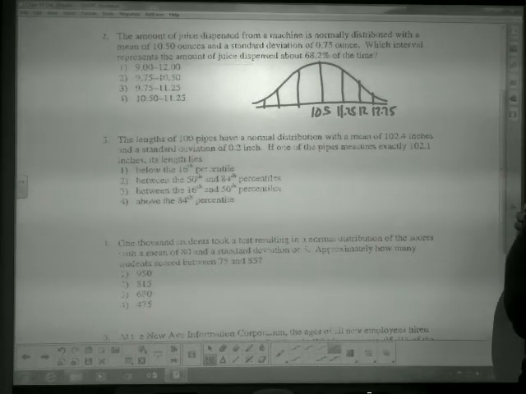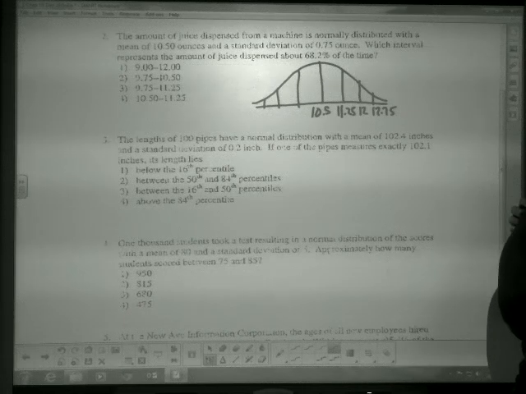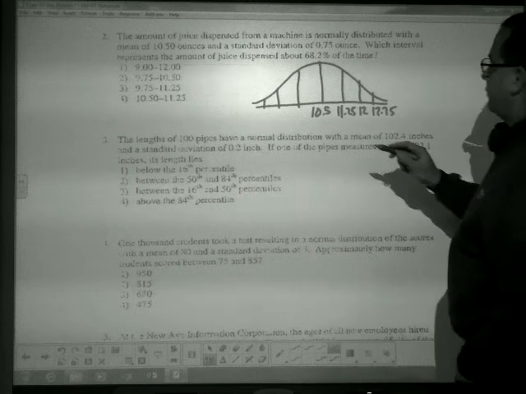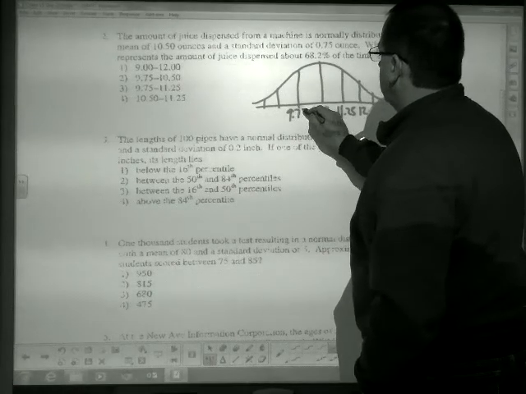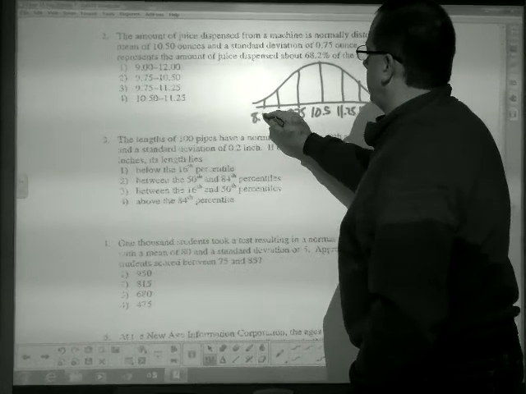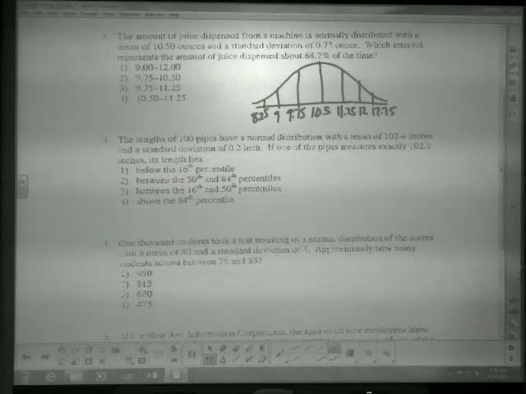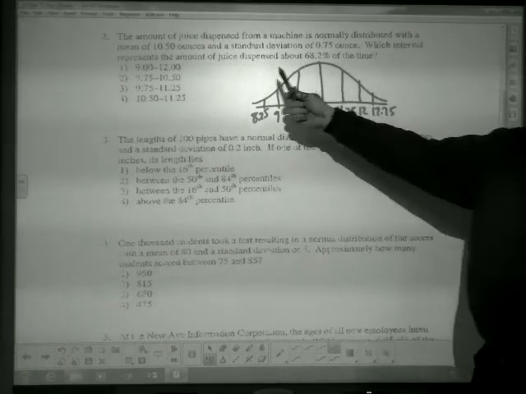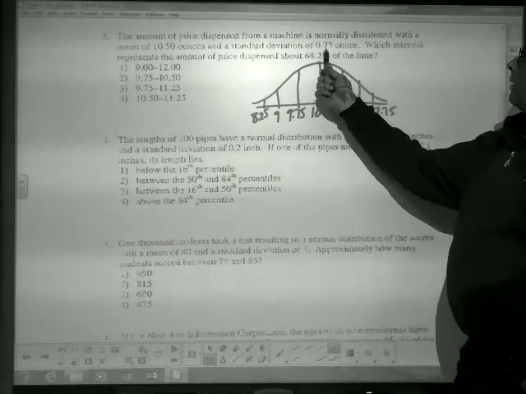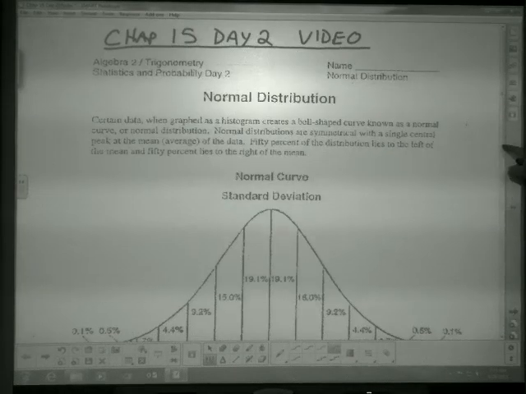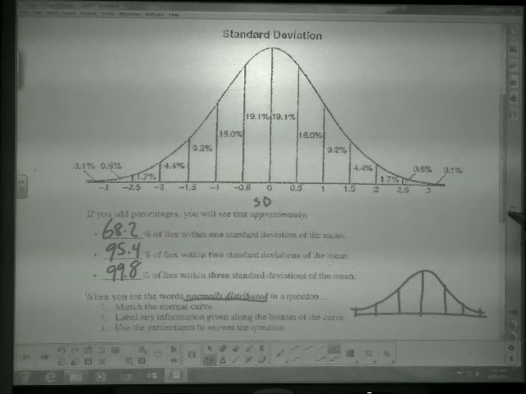0.75 from 10.5. All right, so that would be 9.75. And then 9, and then 8.25. Okay, so I draw the picture, and then I'll go figure out what they want. Which interval represents the amount of juice dispensed about 68.2% of the time? All right, so I got to go back. 68.2%.